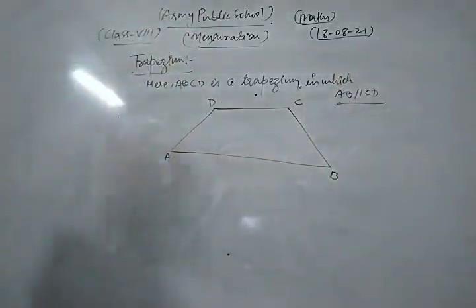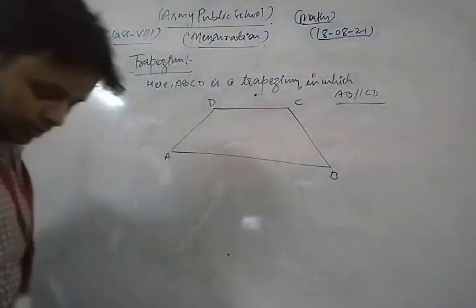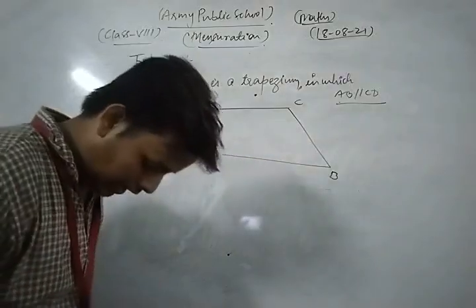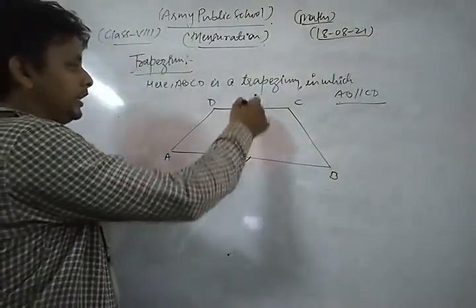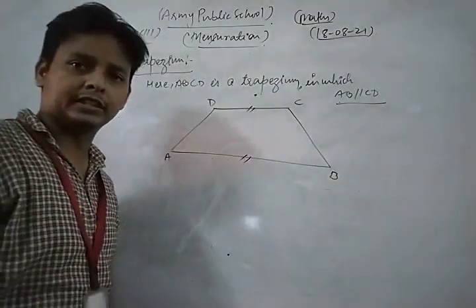AB parallel to CD means one pair of opposite sides is parallel.